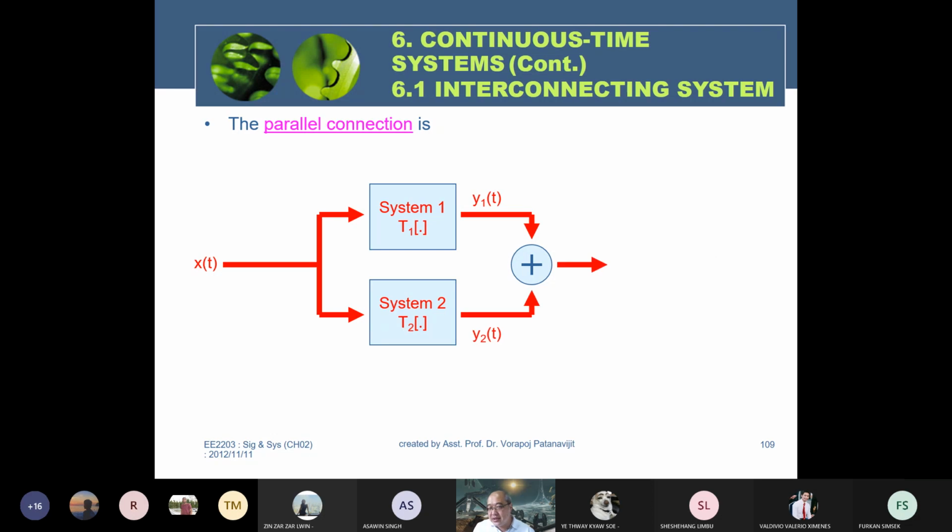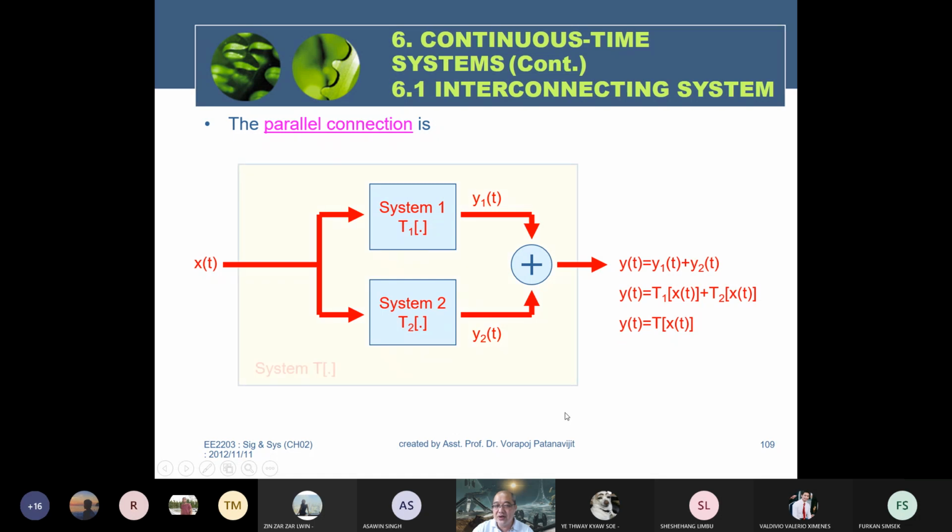Both blocks may be the same, or they may be different. The output y1 equals the process of block 1 on the input, and y2 equals the process of block 2 on the input, as shown here.